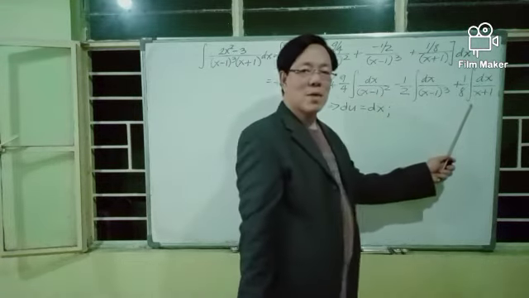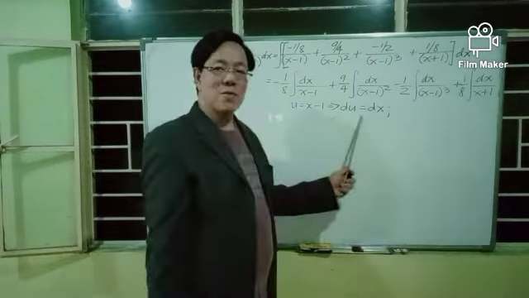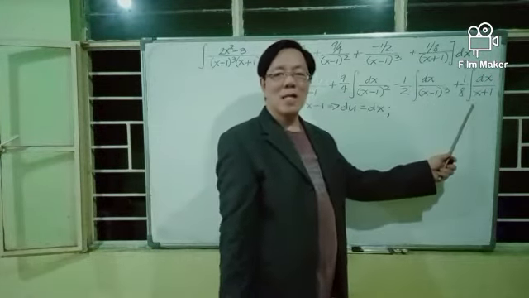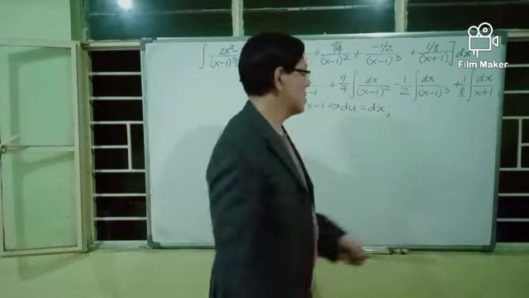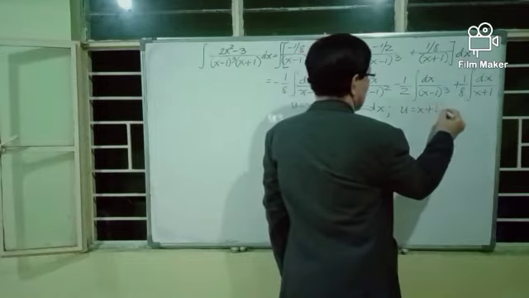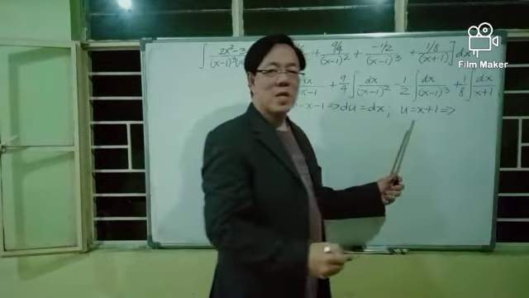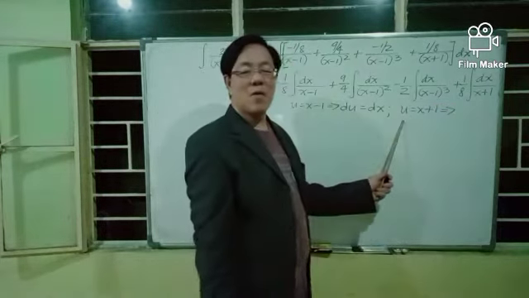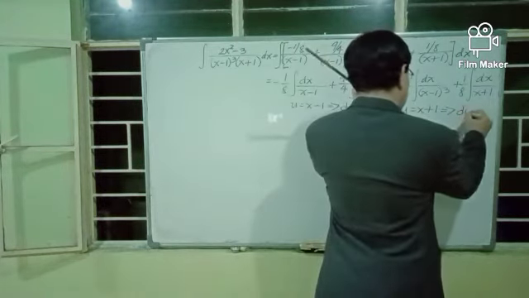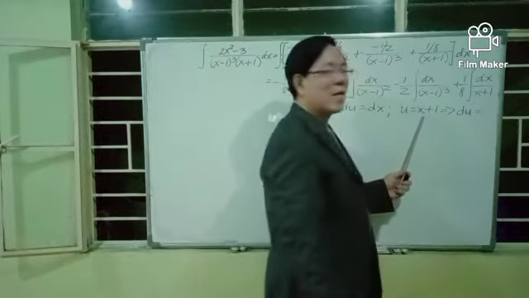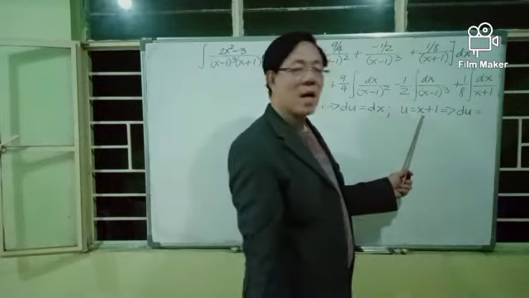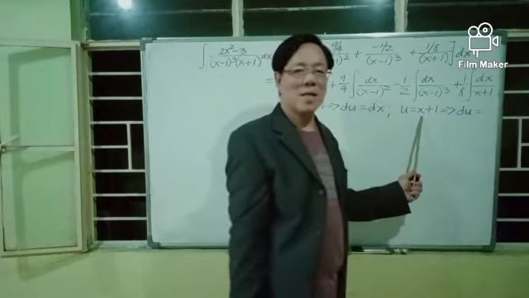We will use this substitution for the first, second, and third terms. But for the last term, we let u equals x plus 1. And again, we differentiate both sides. The derivative of u at the left-hand side is du, and the derivative of x plus 1 with respect to x is dx. The derivative of x is 1 multiplied by dx.